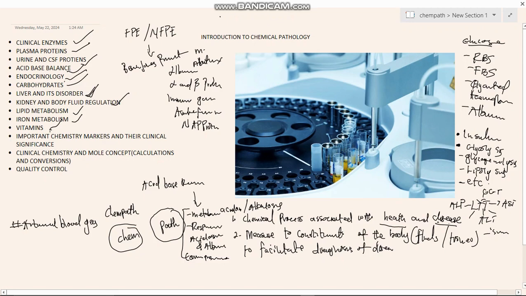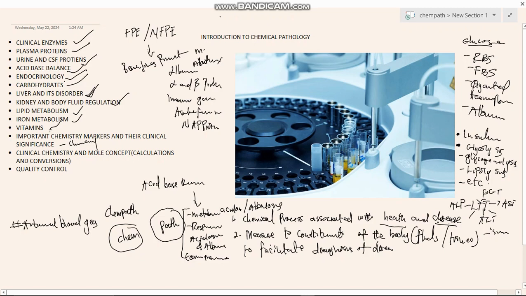Then we'll go forward and talk about arterial blood gases. We'll talk about the cardiac markers or the cardiac function test, thyroid function test. Then we'll talk about the fertility test. Then we'll talk about tumor markers. So here, for instance, it's entirely clinical. So we'll list all the tests. We'll state their reference ranges and then their clinical significance as well.